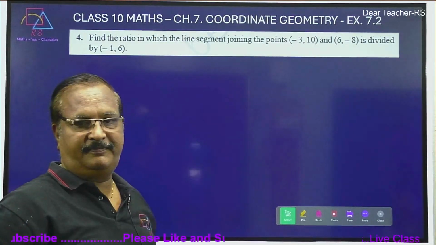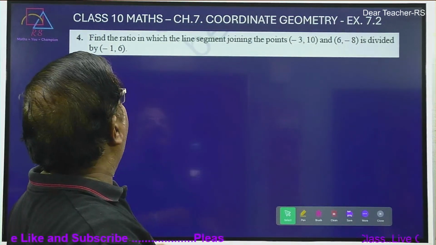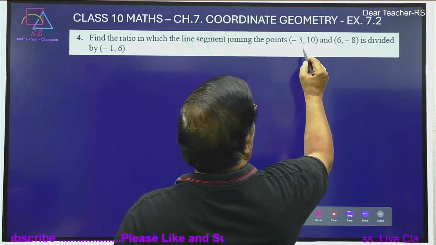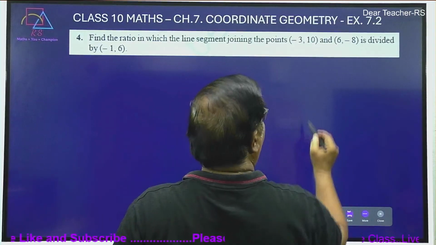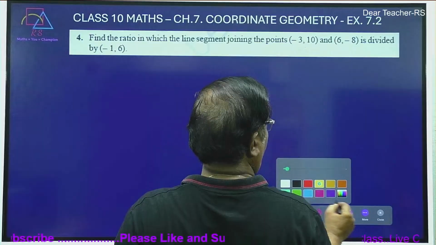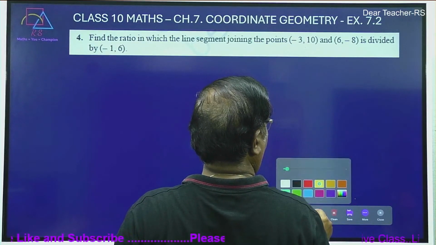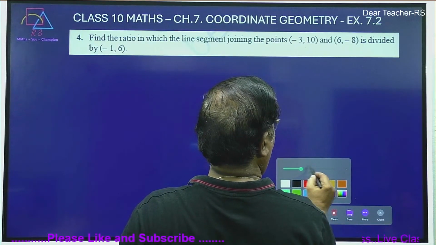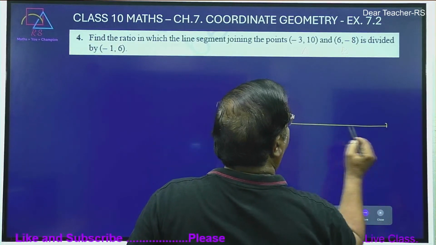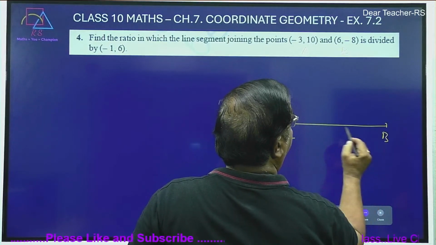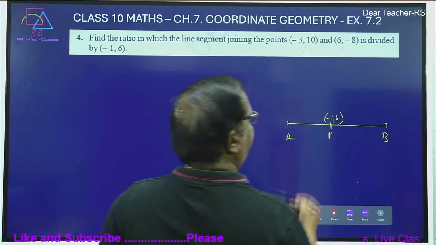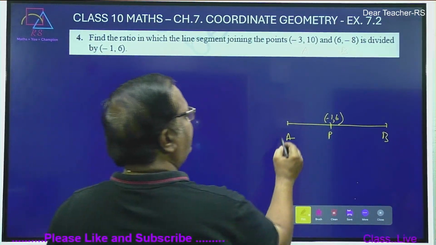7.2 another question. Okay, so then find the ratio in which the line segment joining, say this is AB, AB is there and AB is intersected by a point P minus 1, 6, and A is how much?